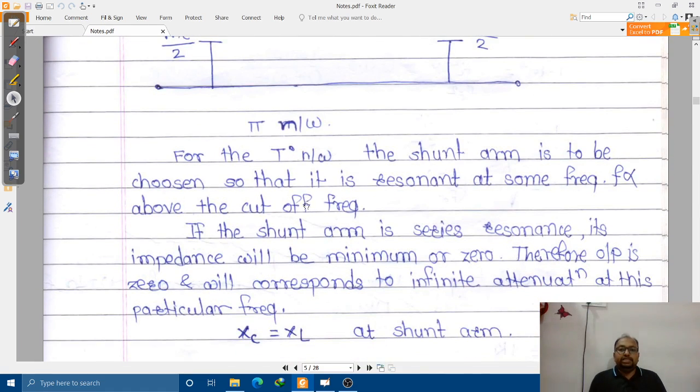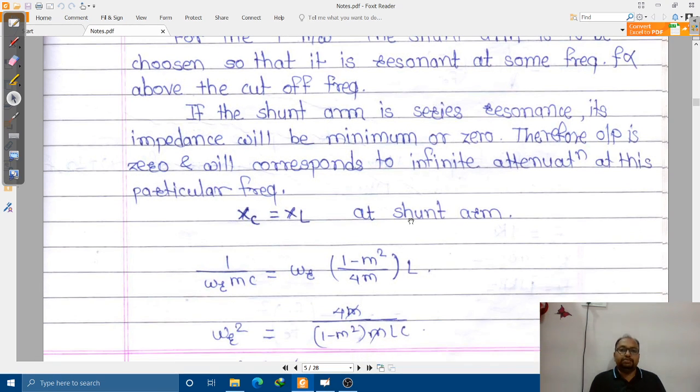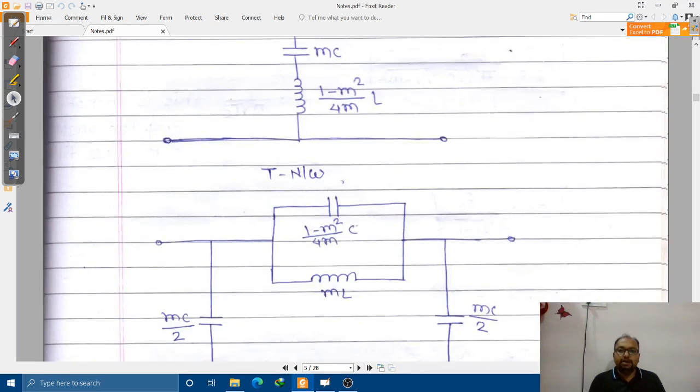If the shunt arm is a series resonance, its impedance will be minimum or zero. Therefore the output is zero and will correspond to infinite attenuation. Once we select the shunt arm as a series resonance, the impedance will be minimum or zero, because the two reactances become equal and opposite, so their subtraction results in zero or a minimum.